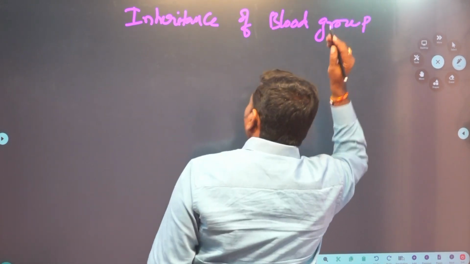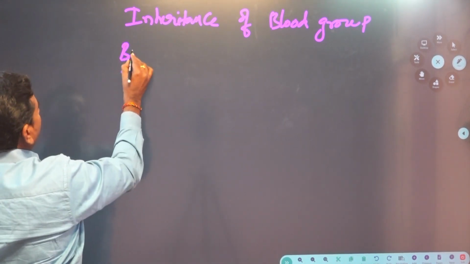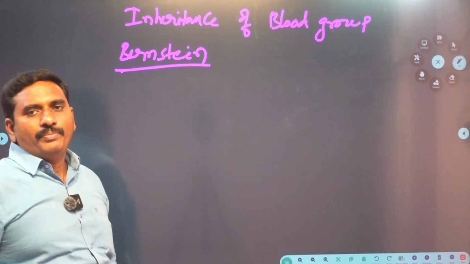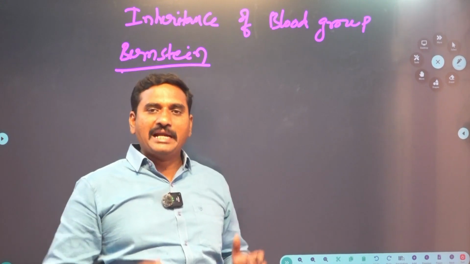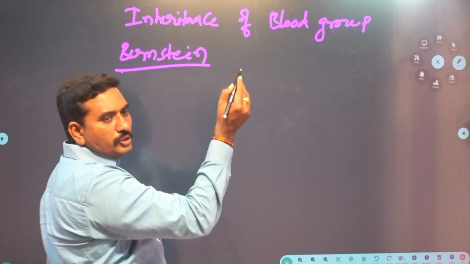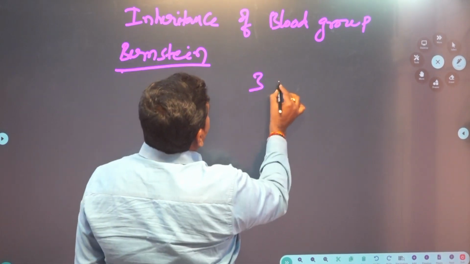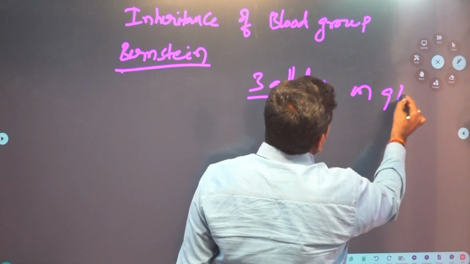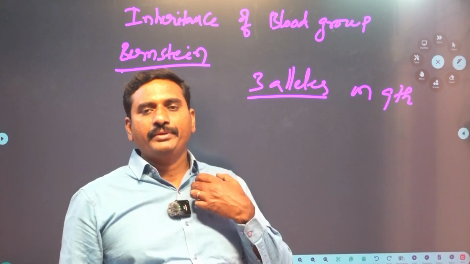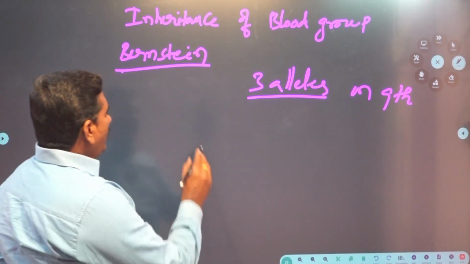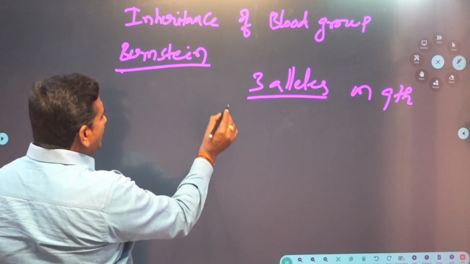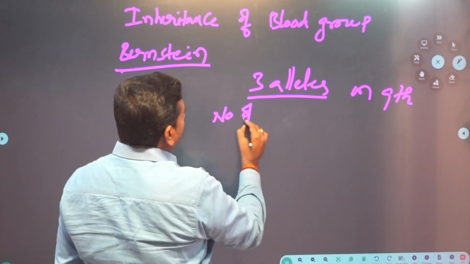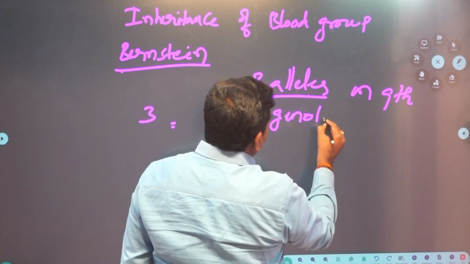According to the scientist Bernstein, the blood groups are inherited by more than two alleles, that is three alleles, on the ninth chromosome of the human body, number 9. So according to the formula, if the number of alleles is 3, how many genotypes can we expect?